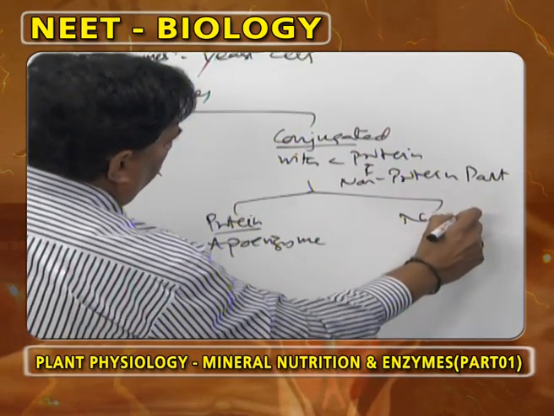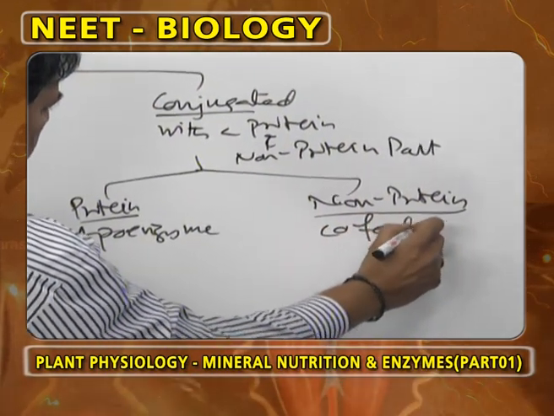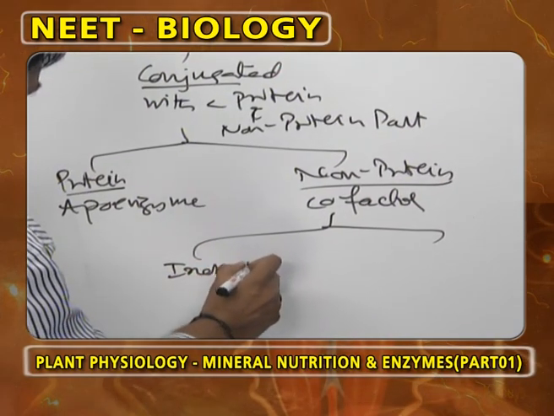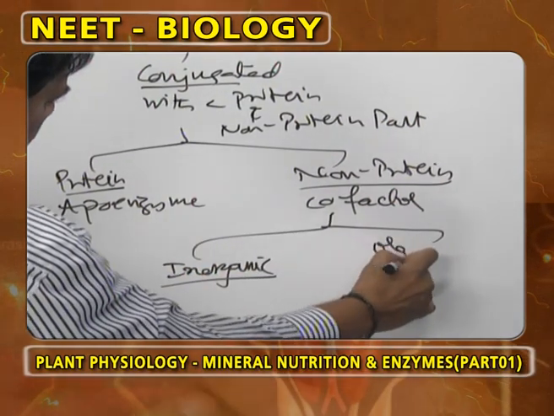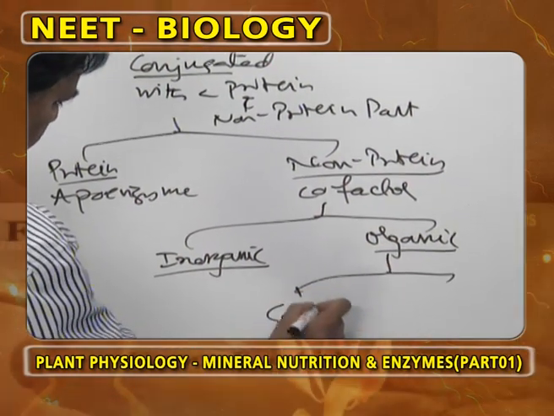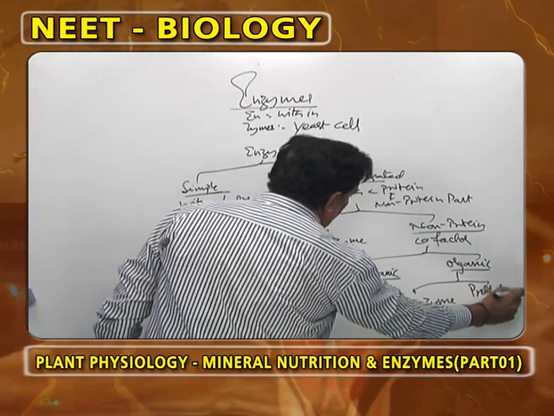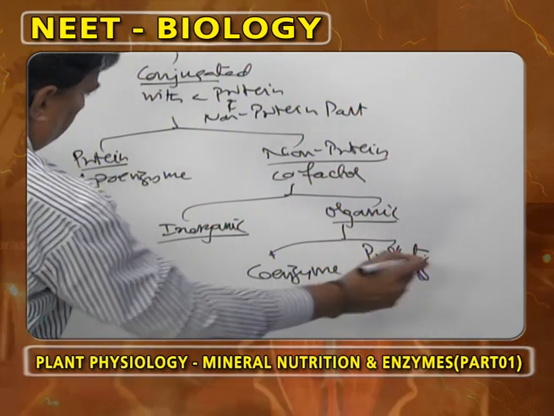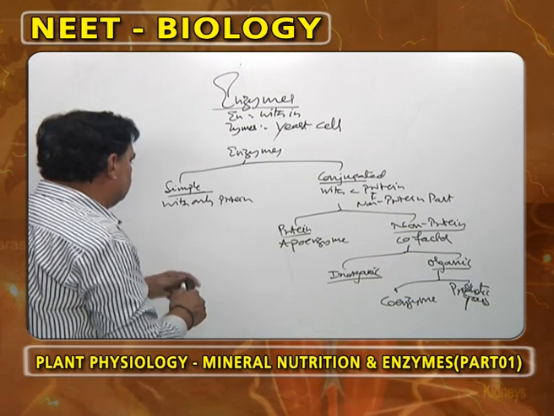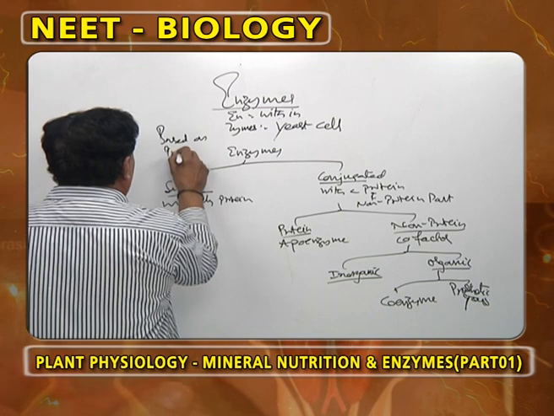The non-protein part is called cofactor. The cofactor may be inorganic cofactor like in metalloenzymes, or organic cofactor. Organic cofactor is again of two types: loosely arranged coenzyme, and very tightly arranged prosthetic group. This is the basic classification of enzymes based on proteinaceous nature.